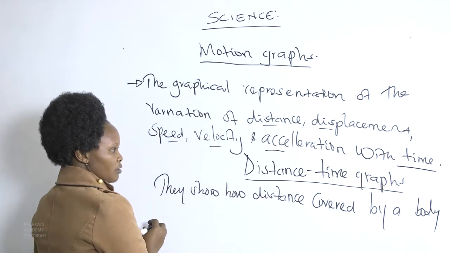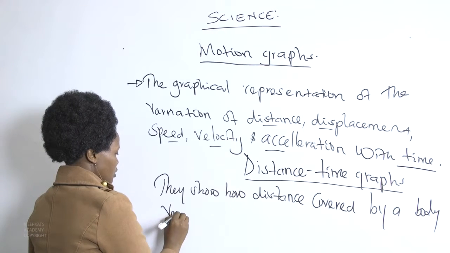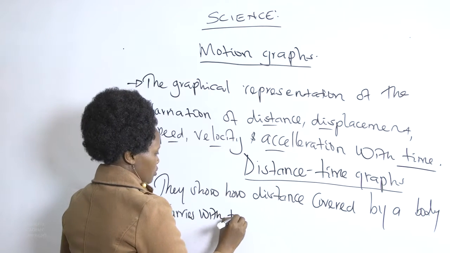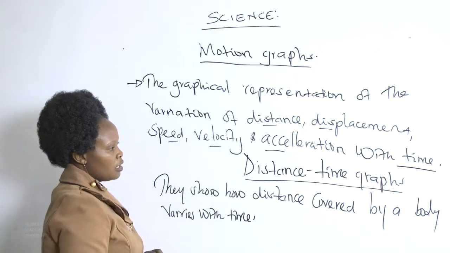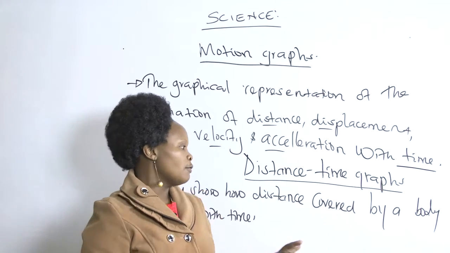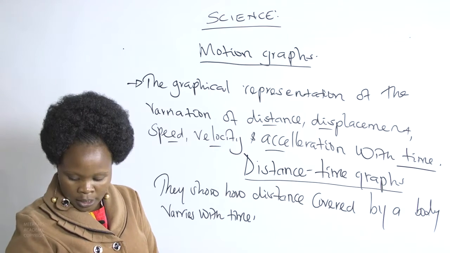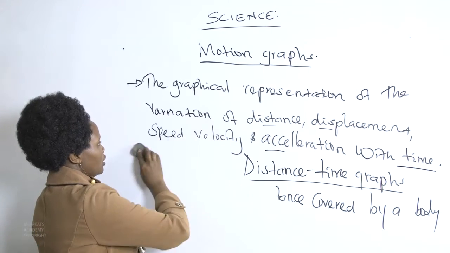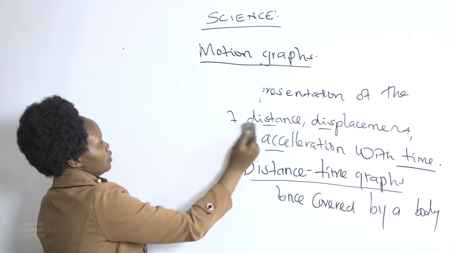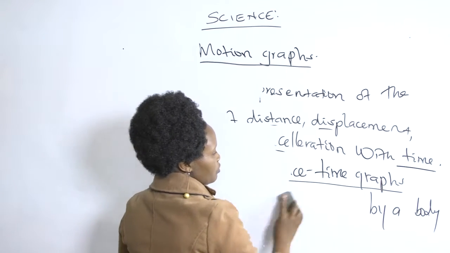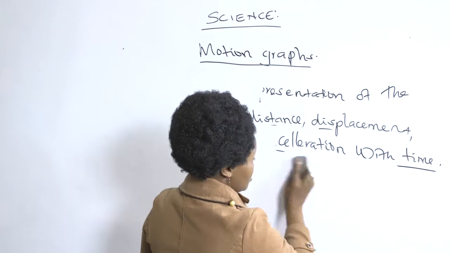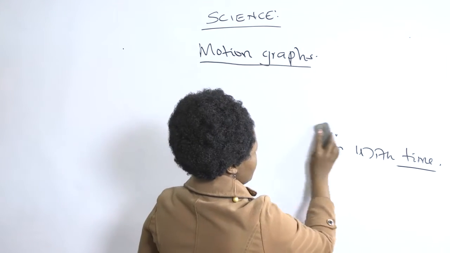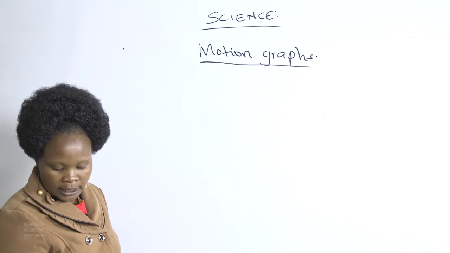They show how distance covered by a body varies with time. When a body is in motion, it could be accelerating, it could be moving with a uniform velocity, it could be decelerating, and all those can be represented graphically.